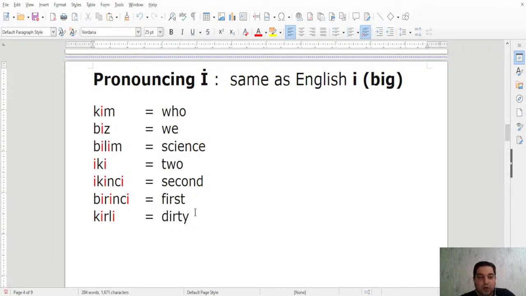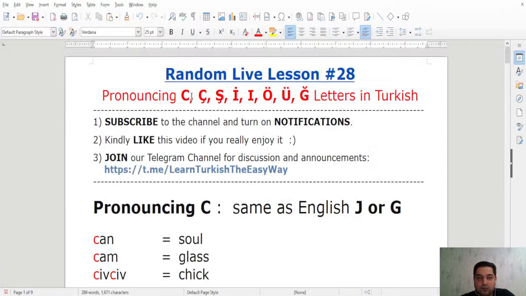So these 4 letters, basically which ones? Let me go to the top. These 4 are somehow in English, okay, they exist in English. The only pronunciation different is this one, which is somehow written differently, pronounced differently, but still they all exist in English language. So C is like J or G in George, right?